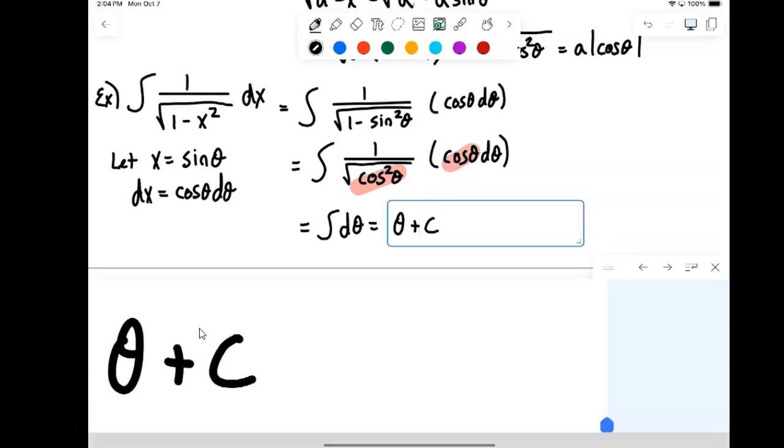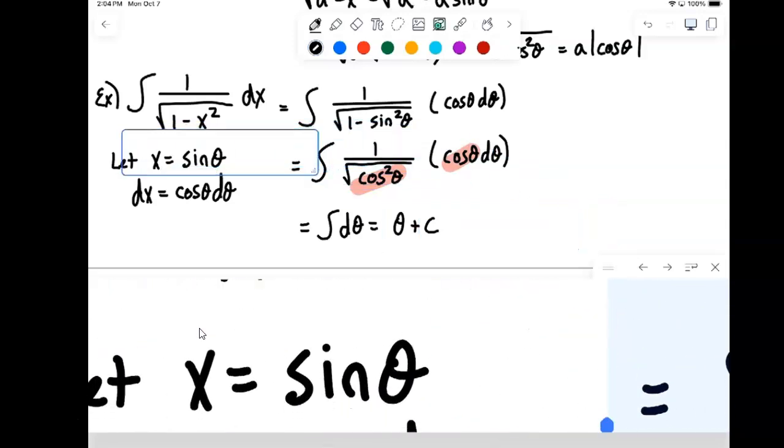Okay. And then we have to go back here and say, well, we need to convert back to x now. So what we do is we realize that when I solve for theta here, I'd have to apply inverse sine to both sides.